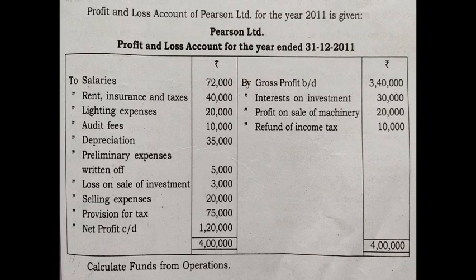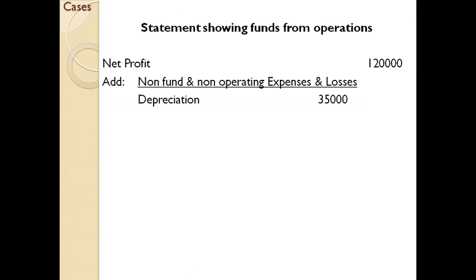In a question where a balance sheet is given, the opening and closing balance of preliminary expenses are given, so you need to prepare an account in order to find this amount. That is the basic concept. When a profit and loss account is given, you need not prepare any sort of non-current account. So here preliminary expenses written off is 5,000. You just note that item in the statement.